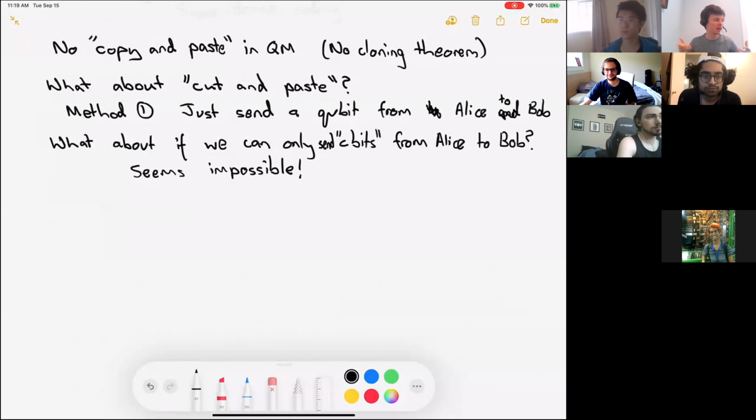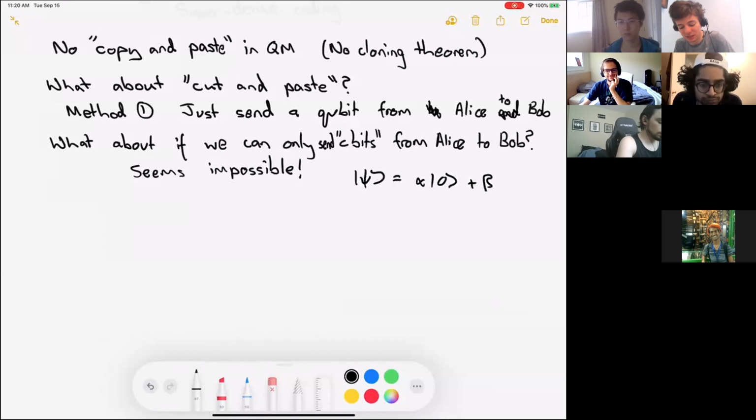So if I have a mathematical description of the qubit, say some state psi equals alpha 0 plus beta 1, and I have the two complex numbers alpha and beta written down to some number of decimal points, then I can just send that message to Bob. He can prepare the state himself, and we're all good, right?